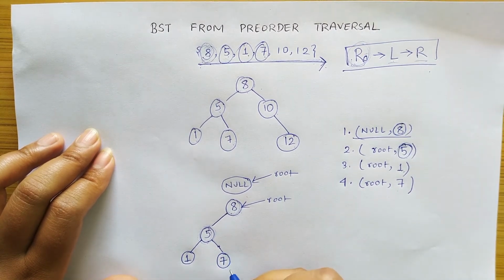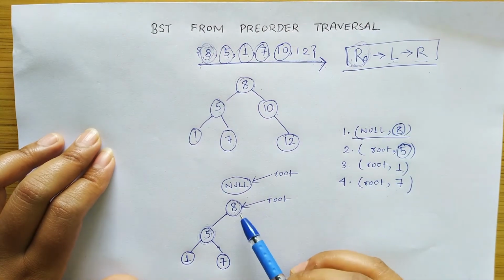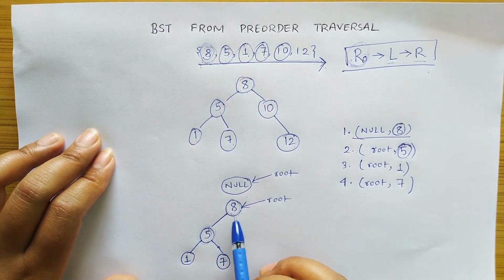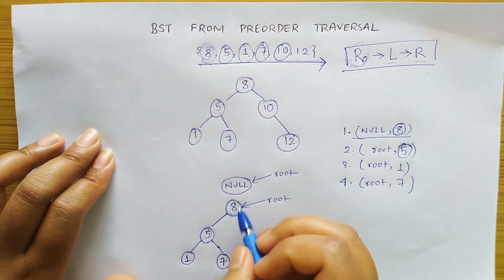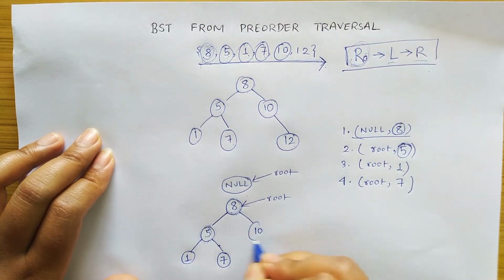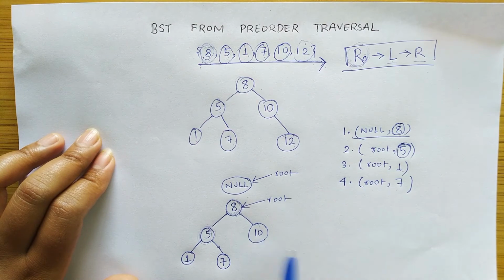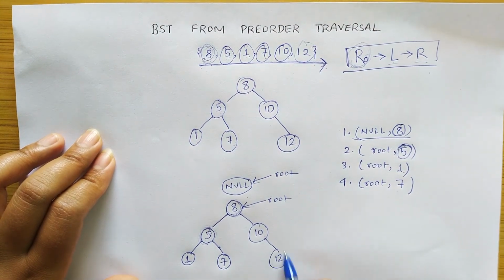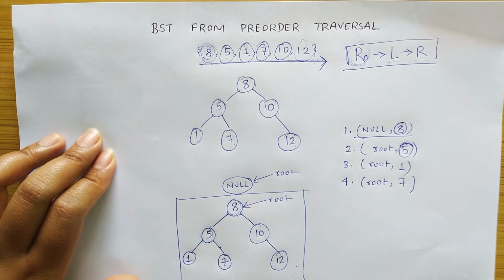So we have 7 now. Now we go for 10. Again it checks the root is not null and the root is smaller than the current value, so it will go to our right side, and since this is null it will just create a node and insert it there. After that, for 12 again it will go here and insert it here. So using recursion we have created this tree very effectively.